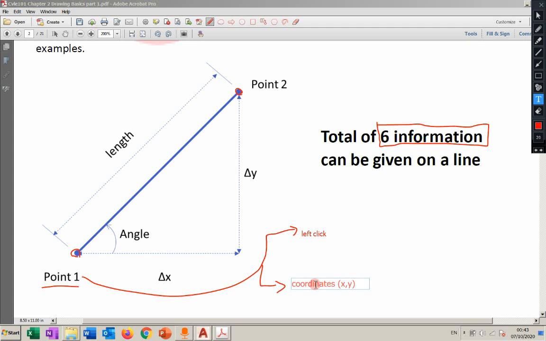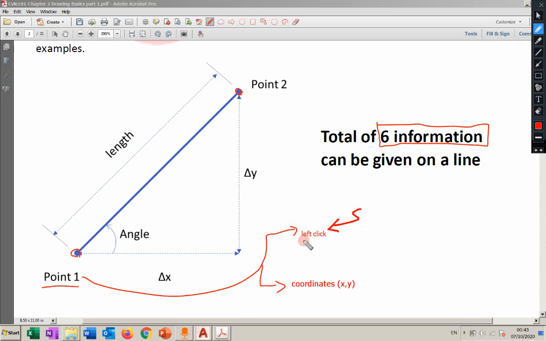But when someone says I have a point, it means that I can give this point, this information, to AutoCAD in 2 ways, whether by coordinate or by left click. Now, what does left click mean here? Left click means that you know the location. We know where to click.